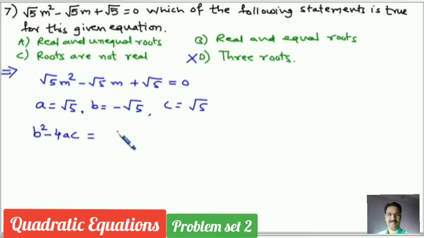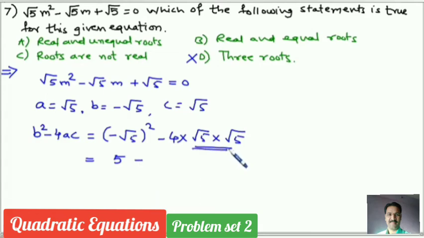So we are going to find the value of b square minus 4ac. We'll put the value of b: b is minus root 5 bracket square, minus 4 into a which is root 5 and c which is again root 5. Now the square of a negative number is always positive. That means root 5 square is only 5, minus this root 5 times root 5 will come 5 only.